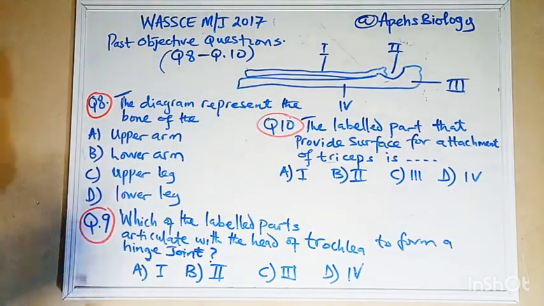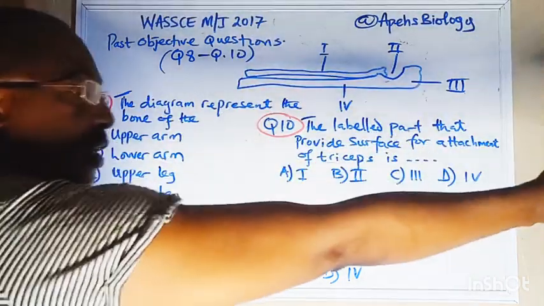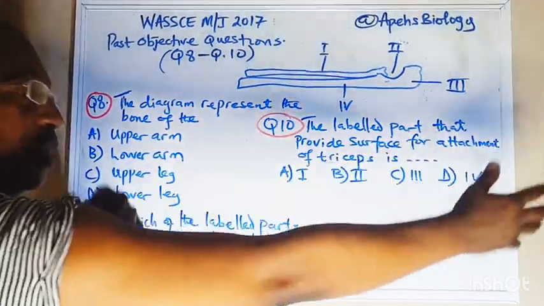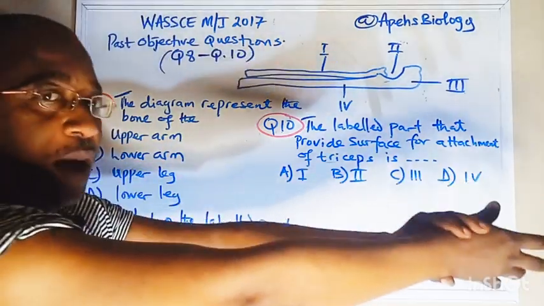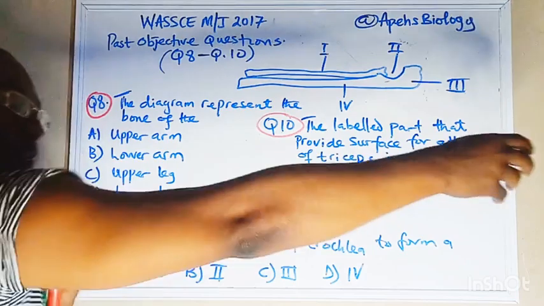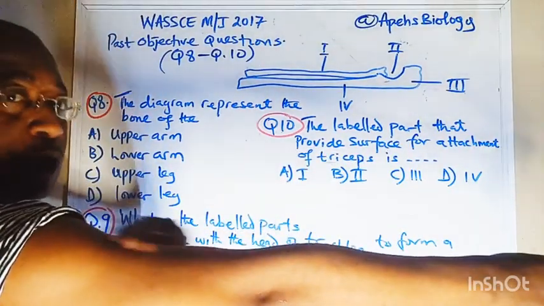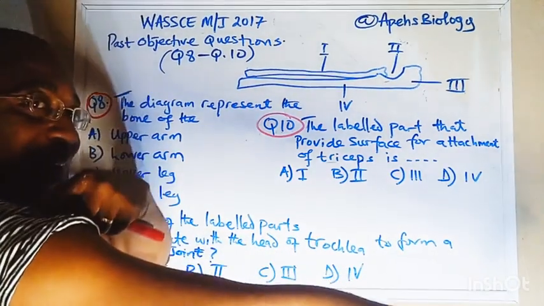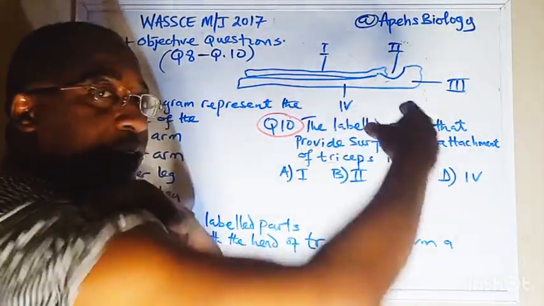So we have to understand what we are dealing with here. Let me use a simple illustration. This is my arm, all right? The arm is made of the upper arm and the lower arm. This arm is called the forelimb in biology. The bone that makes up the upper arm is called the humerus. It has a head that fits into the scapular bone, forming a ball and socket joint.